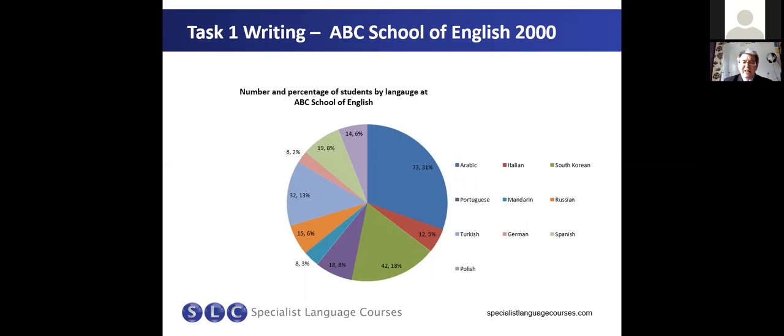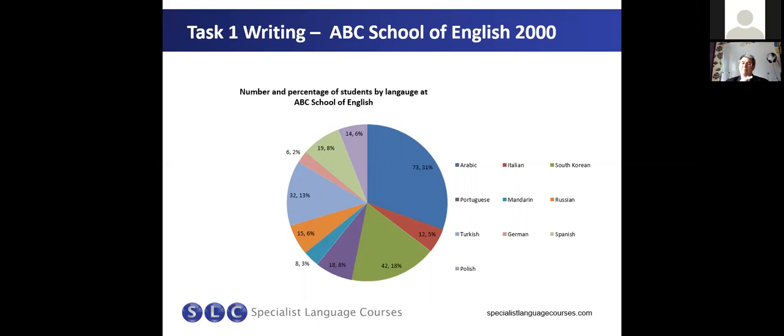So let's have a look at the orange one. The orange segment, or the orange slice, that's Russian at 6%, 15 students. Just above the Russian, you've got, is it Turkish? Yes, the light blue one, Turkish. And that's at 32 students, or 13%. Now there's a place you could compare.